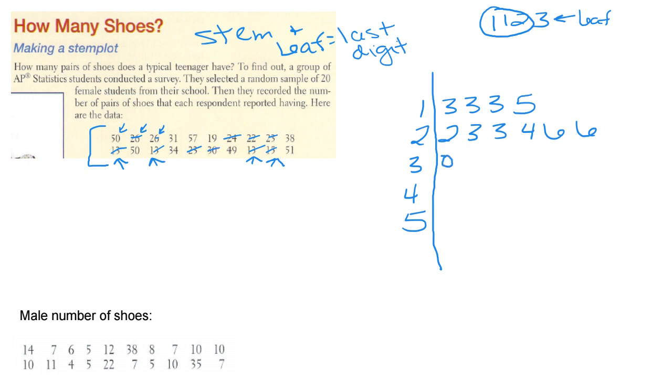I have a 1 and a 4 and an 8. Sorry, I almost missed that one. Okay. And then, I missed a 9 in the 1s. And then I jump up to the 5s. So I have 2 zeros. I have a 1 and I have a 7. Okay, so that would be my stem and leaf plot.